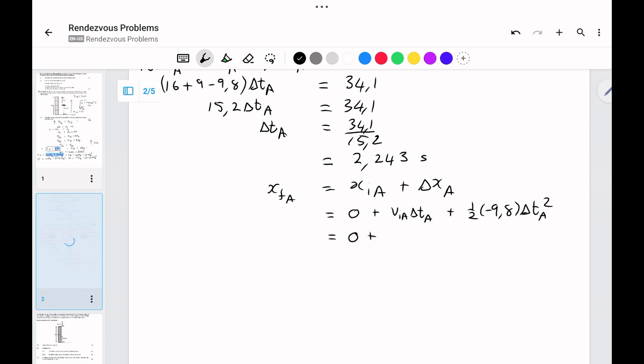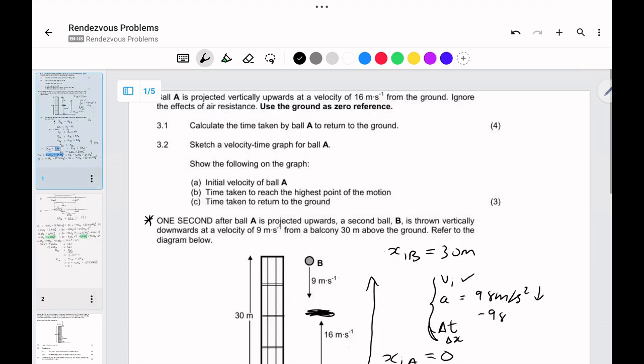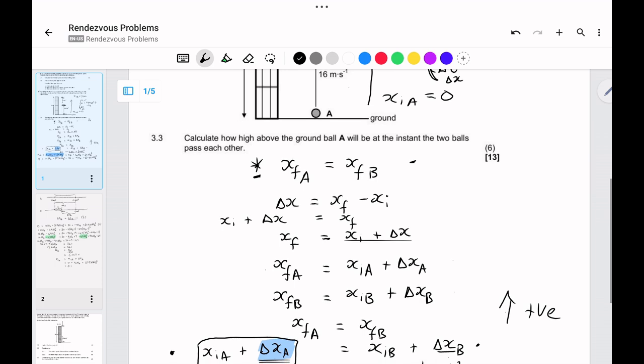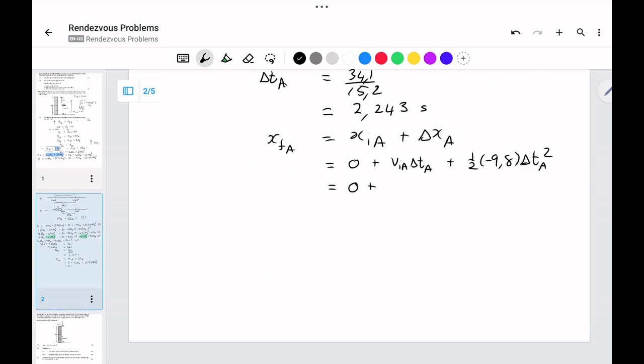So I get 0 plus the initial velocity of A was 16. I think it was 16. Yes, it was 16. So 16 times 2.243 minus 4.9 times 2.243 squared.